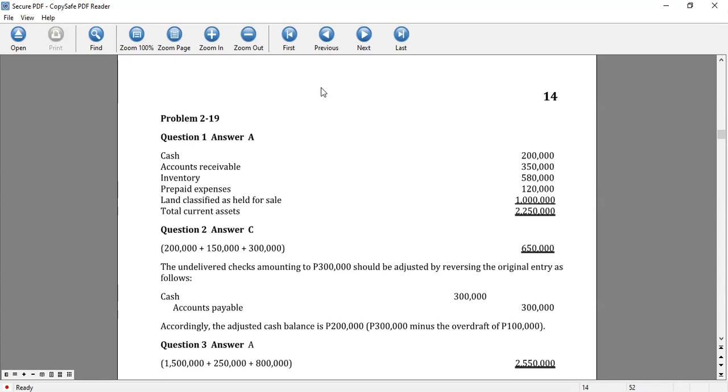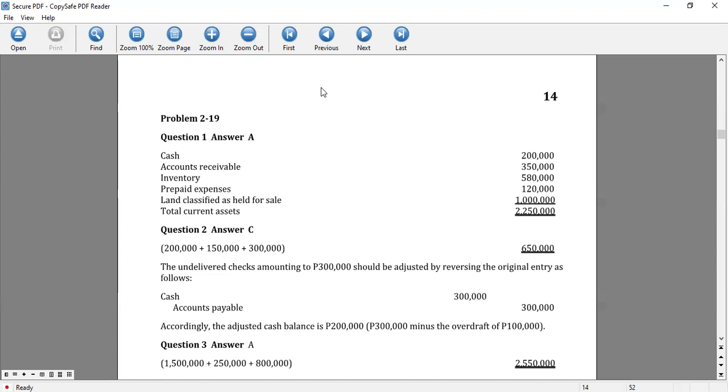So in question number 2, what's the amount to be reported as current liabilities? We have the corresponding accounts payable, then we have the accrued expenses for the amount of 150,000. But the problem now is asking for current liabilities.